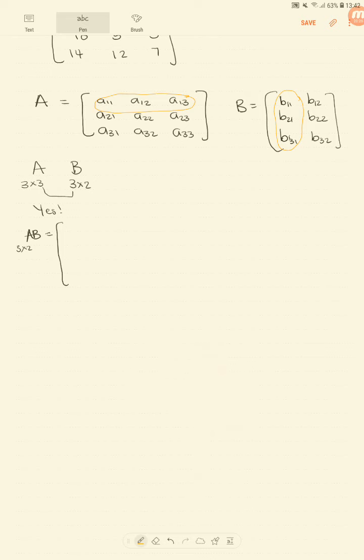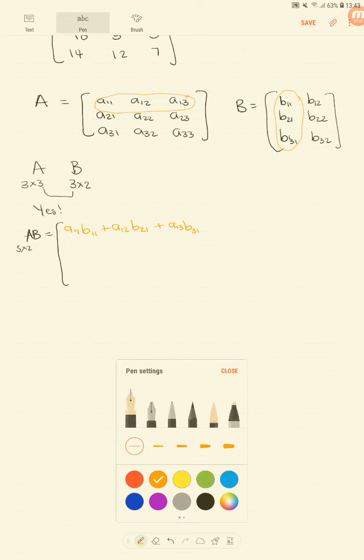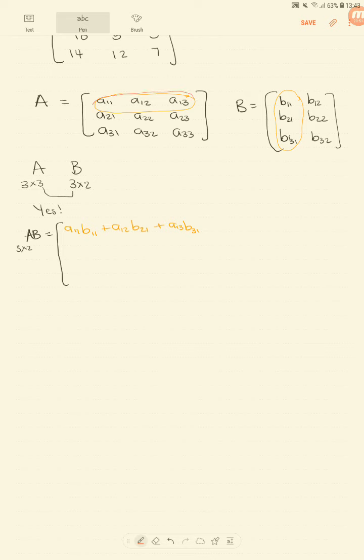Row 1, column 1 is A11 B11 plus A12 B21 plus A13 B31. Row 1, column 2 is A11 B12 plus A12 B22 plus A13 B32.